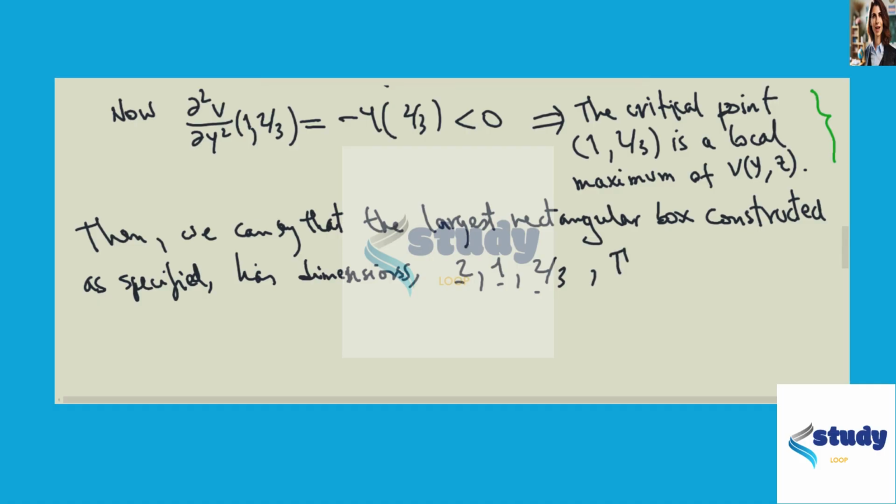The maximum, that is the point, the vertex in the first octant we have to take is 2, 1, and 2/3.